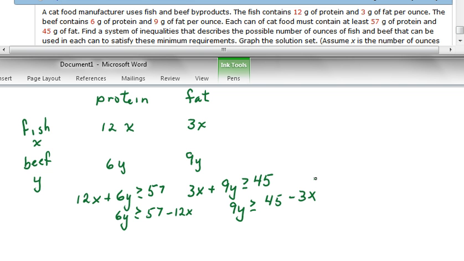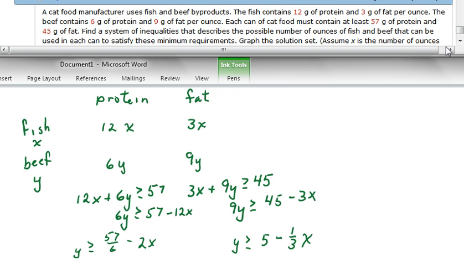Simplifying the best I can here, I'll have Y is greater than or equal to 57 over 6 minus 2X, and Y is greater than or equal to 5 minus 1/3 X.